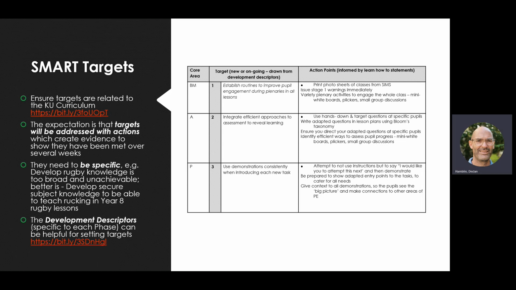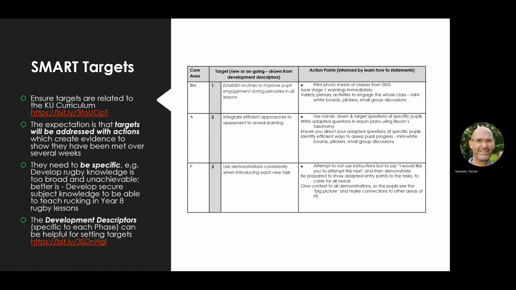The targets, like we say, should have actions to them. It's the actions that we need to think about carefully, and they could change over several weeks until the actual target was met. What we would say is they need to be specific. Sometimes we see simply a target, develop subject knowledge. Well, developing subject knowledge for any area is huge, so we would need to really pin that down. I've given an example there from physical education, which is my background.